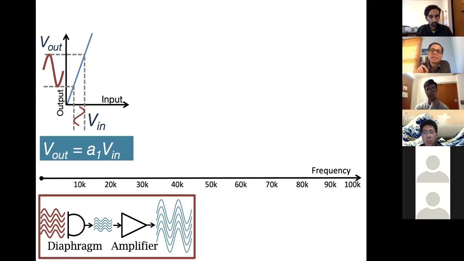The question is, if I now take that same hardware and I play ultrasound on it, which is a high frequency sound, let's say 50 kilohertz, what will the diaphragm and the amplifier do?